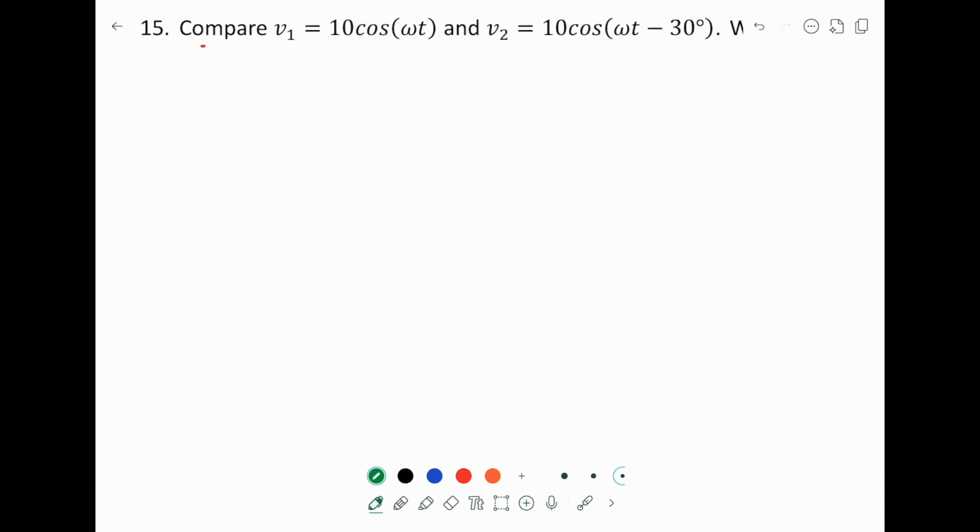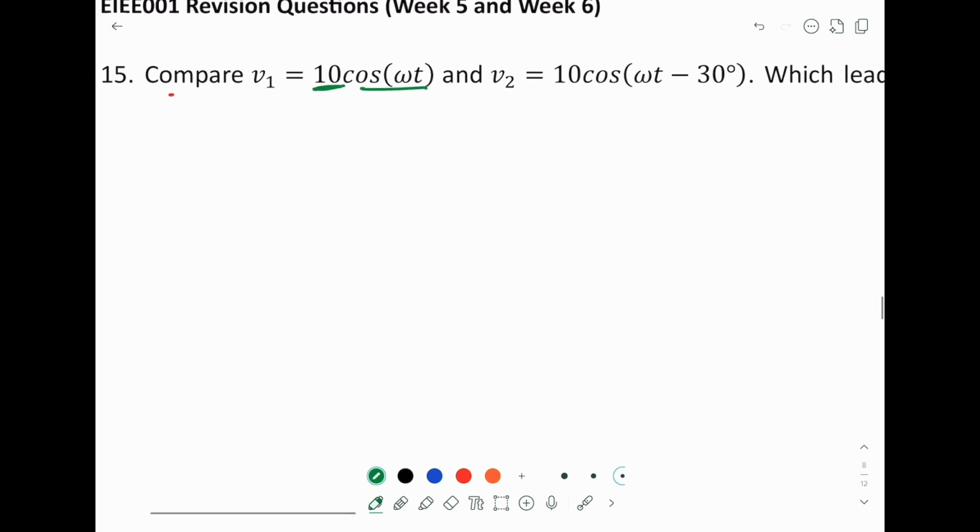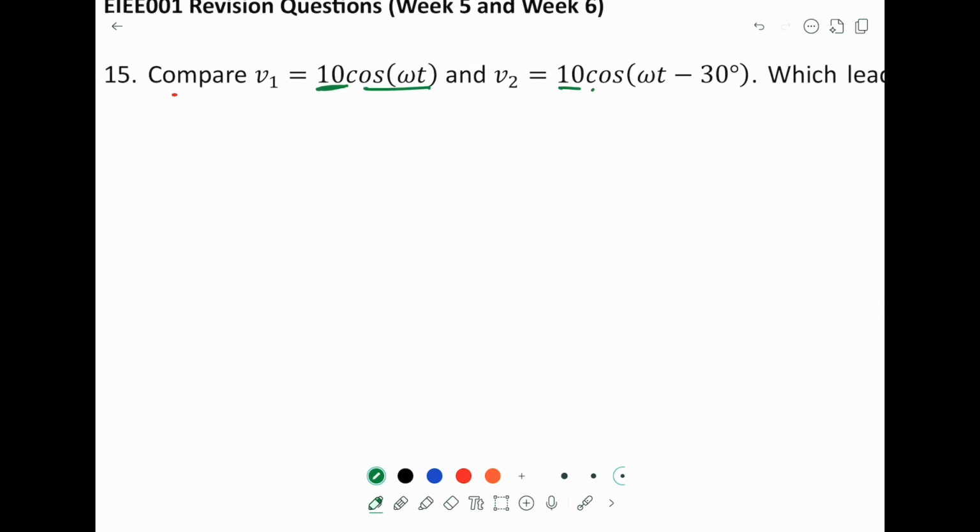Now let's look at the cosine functions here. V1 is 10 cosine omega t, and V2 is 10 cosine, but in the argument, instead of omega t, this is negative 30 degrees. Now this is a catch here. It's very important.